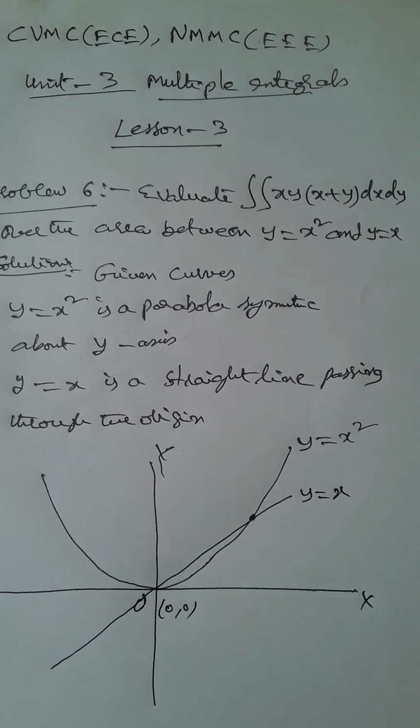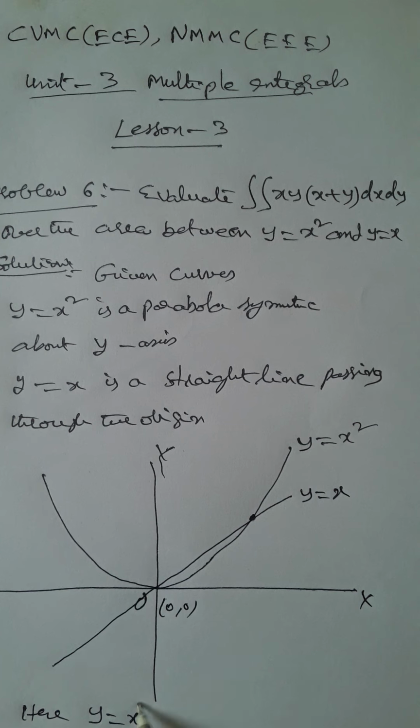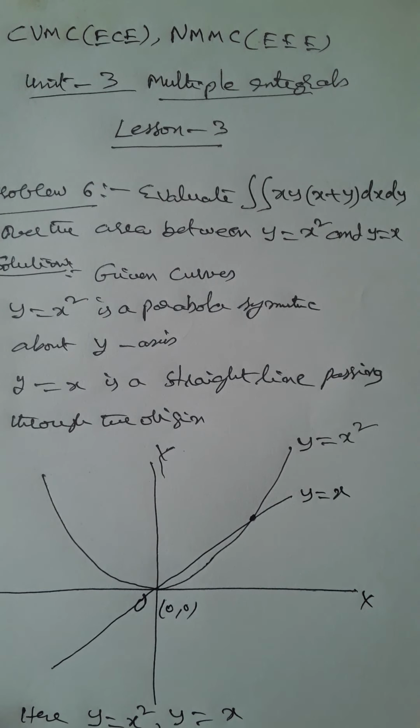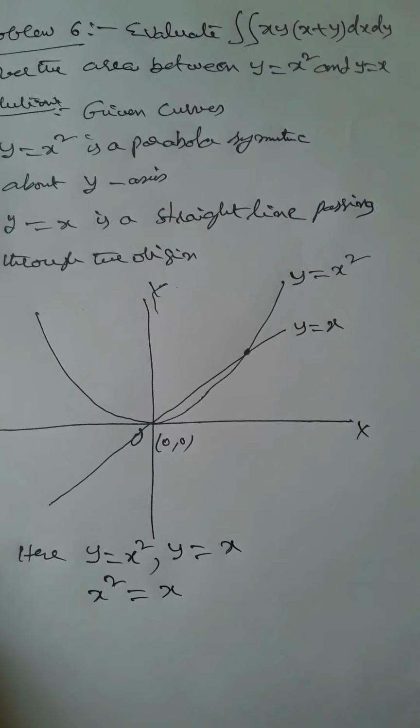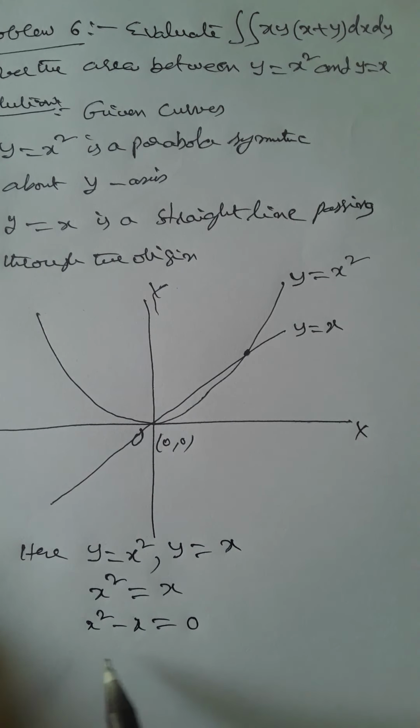How to get the intersecting point? Here y is equal to x square, y is equal to x. Left sides are equal, so x square is equal to x. X square minus x equal to 0.